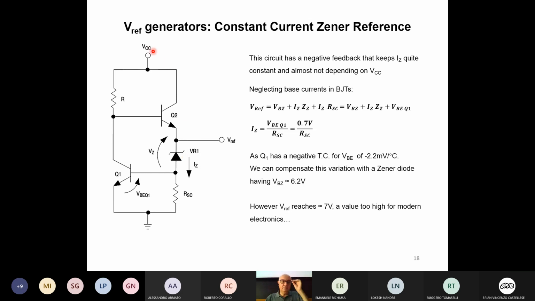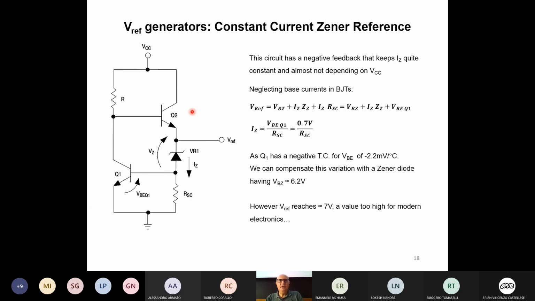So we have VCC, a first transistor Q1, a load resistance R, a second transistor Q2, the Zener diode, and what is very important, this RSC resistance in series with the Zener diode. So we can try to study this circuit here and see how it works.